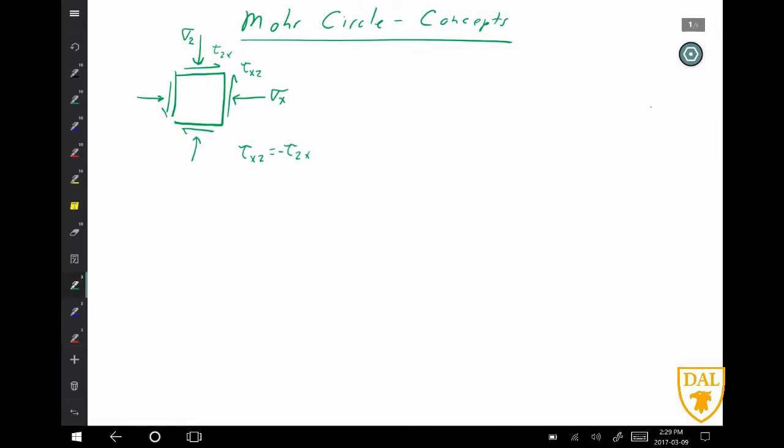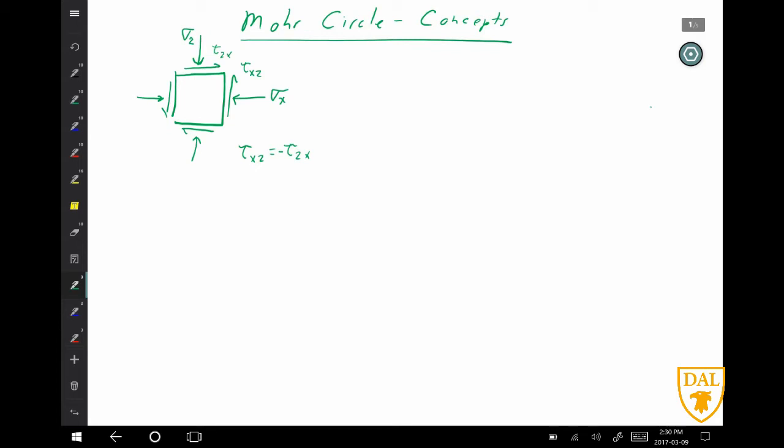This is a positive sense of shearing, in general, where we have the shear stress on the positive face acting in the positive direction, and the negative face in the negative direction. So all these shears are technically an overall sense of positive shear stress. But for Mohr Circle, again, they have to be equal and opposite. So we have to define positive and negative.